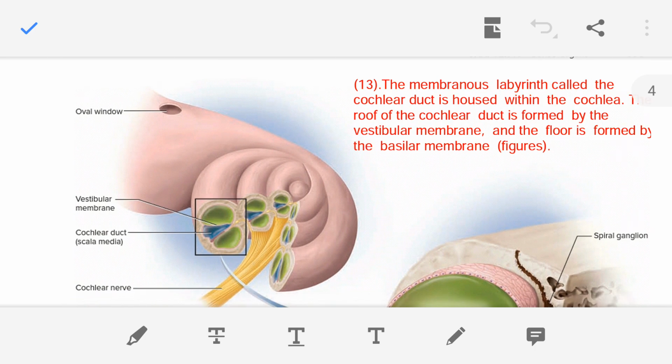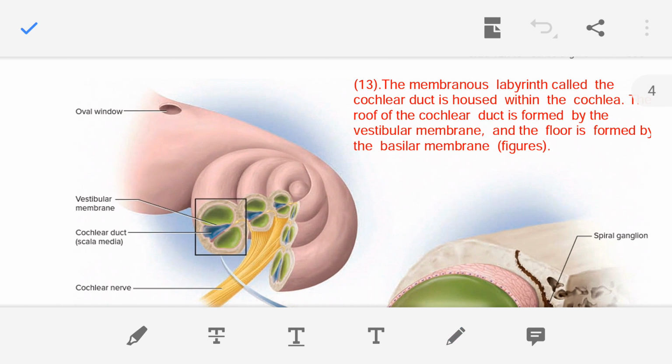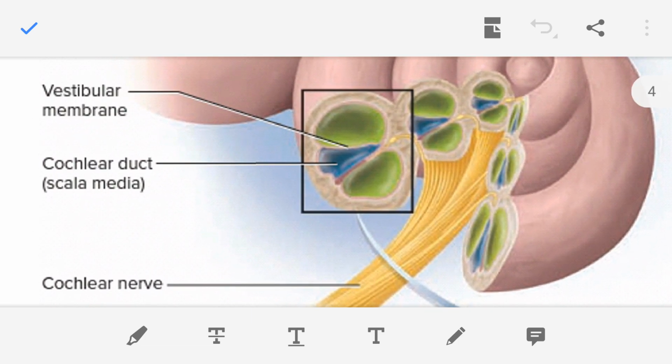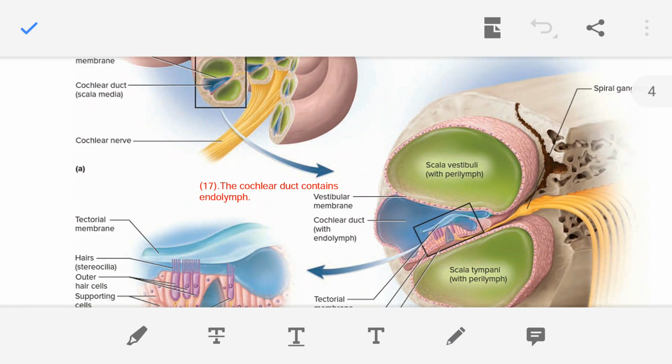Now the roof of the cochlear duct is formed by the vestibular membrane. This square box they have zoomed for us.